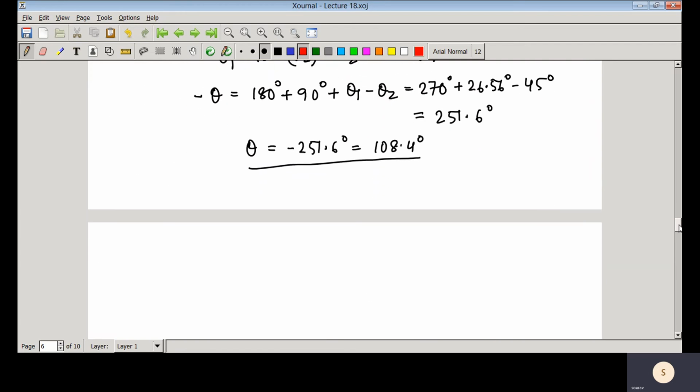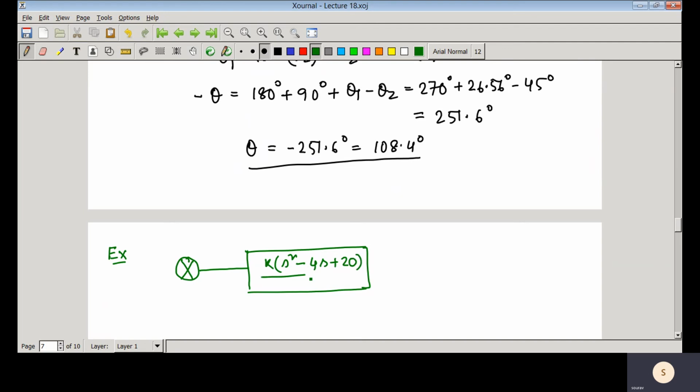If we take one more example, suppose we have a closed loop system, and the open loop transfer function is given like this: k of s square minus 4s plus 20, over s plus 2, s plus 4.